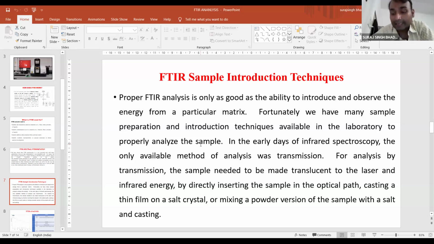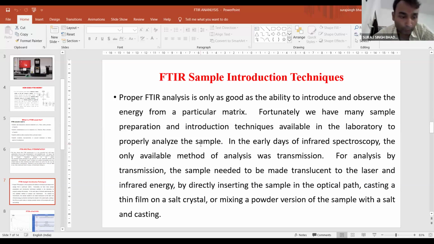So generally it is preferred that your sample should be in powdered form. If you use some liquid or semi-solid drug substances or raw material, it also determines the functional groups. But in powdered and solid form, the intensity of those particular compounds may vary and differ as compared to semi-solid and liquid substances.